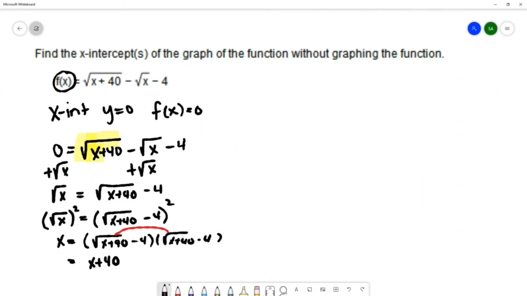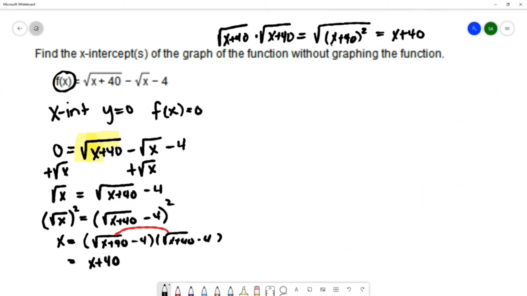Let me work that out on the side just so it makes a little bit more sense. I'm doing square root of x plus 40 times square root of x plus 40. When we multiply radicals together, we multiply what's underneath them. So this becomes the square root of x plus 40 squared, and the square root and the square cancel each other out, and you get x plus 40.